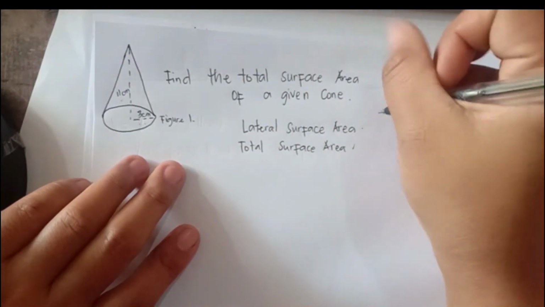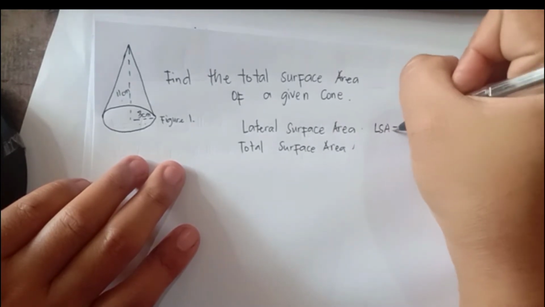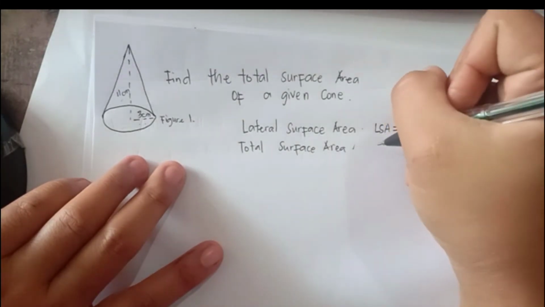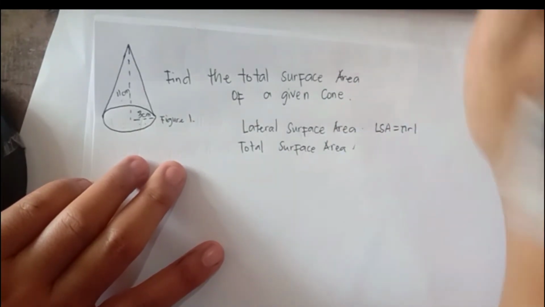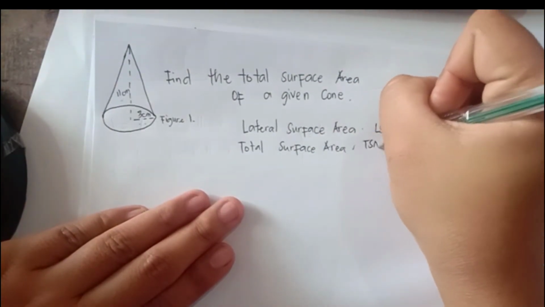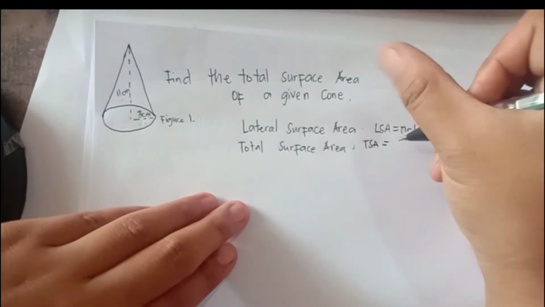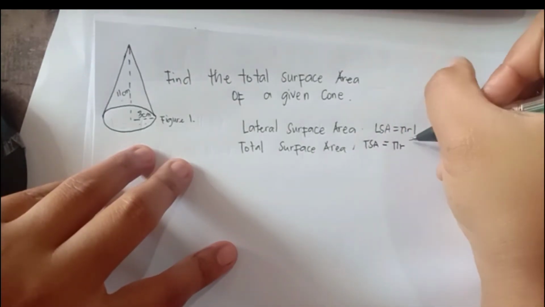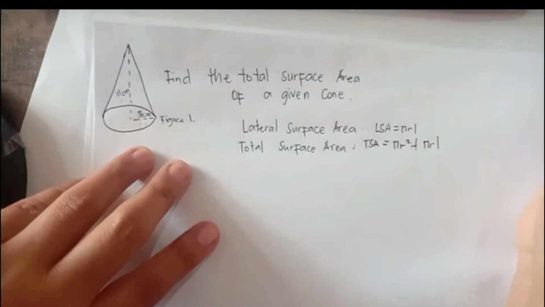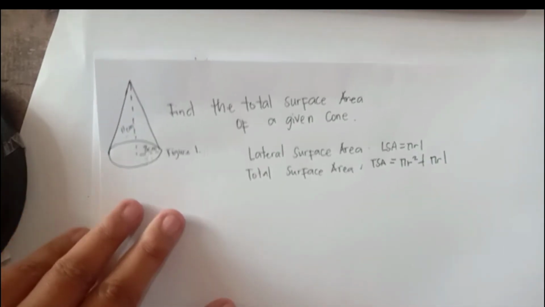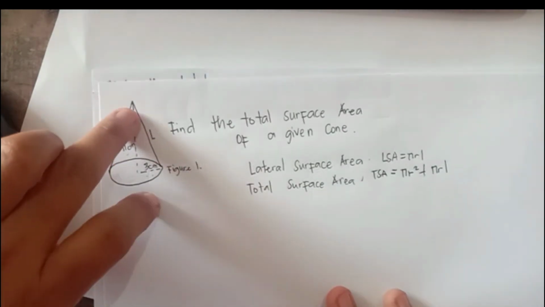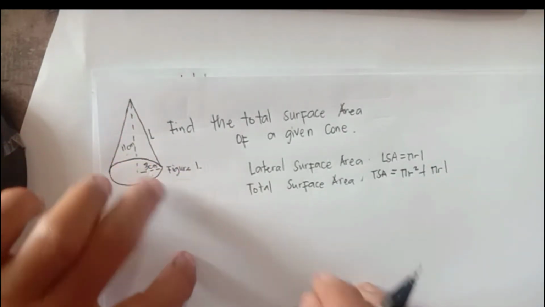Ang lateral surface area is equals to pi r L. Then, ang total surface area is equals to pi r squared plus the lateral surface area, which is the pi r L. Since we have our slant height here, tapos wala tayong measurement sa ating slant height, ano yung gagawin natin?